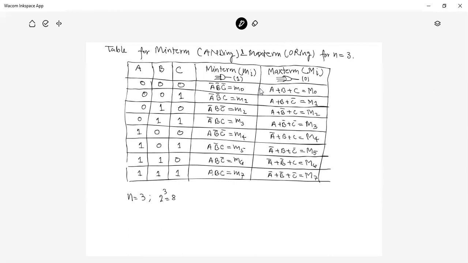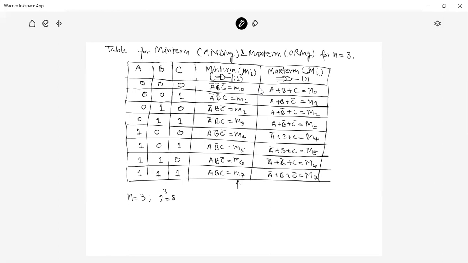Here C is 0, make C bar 1: A B C bar is M6. And A is 1, B is 1, C is 1, all are 1, so there is no barring: A B C. So these are the min terms, from M0 to M7.